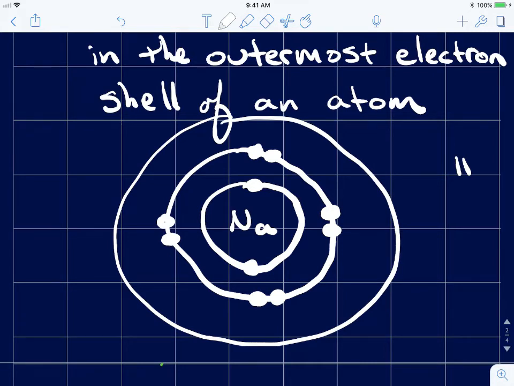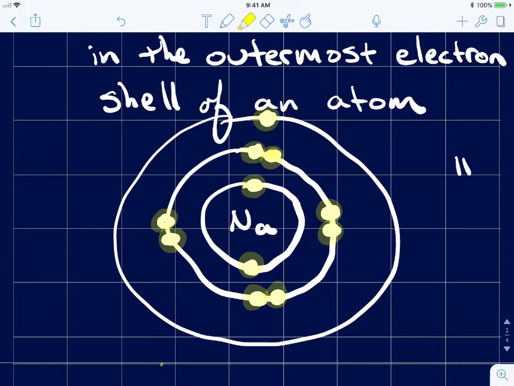Then we go to 9, sorry, 8, 9. We had 8 in, and we're at 11 now if we count our first shell. So remember, let's count these: 1, 2, 3, 4, 5, 6, 7, 8, 9, 10, and this was our 11th.